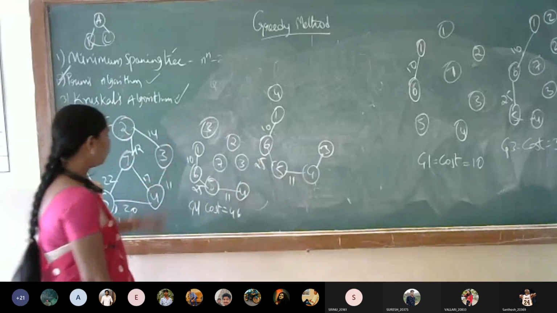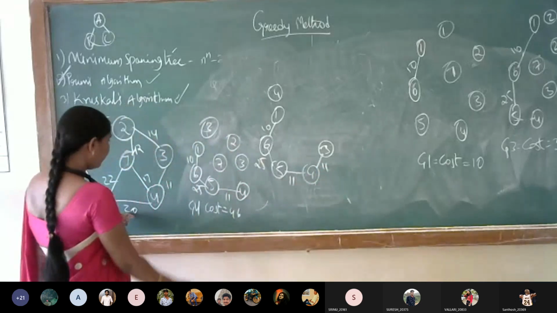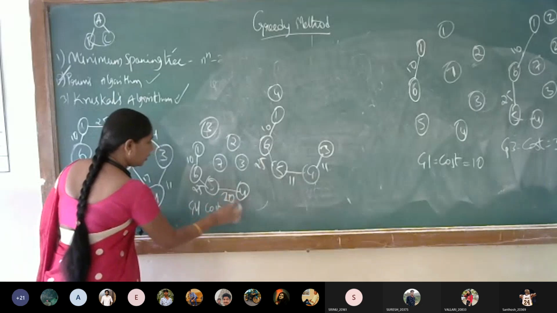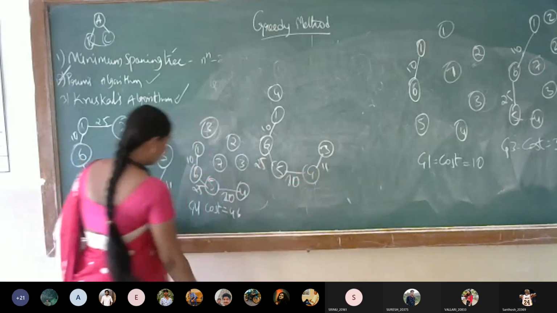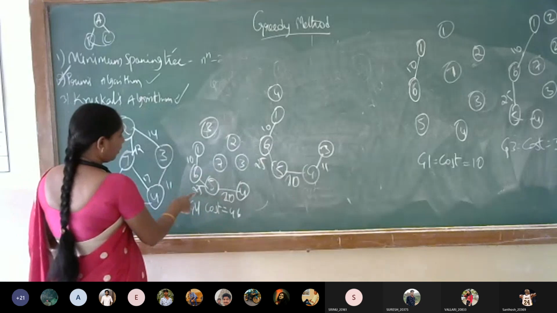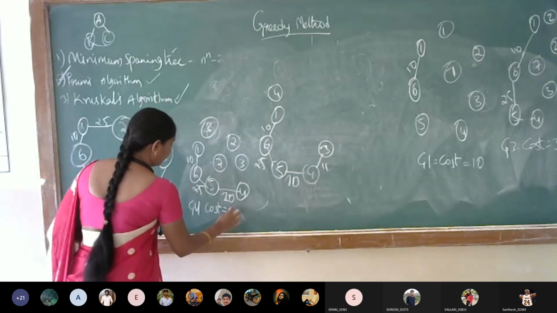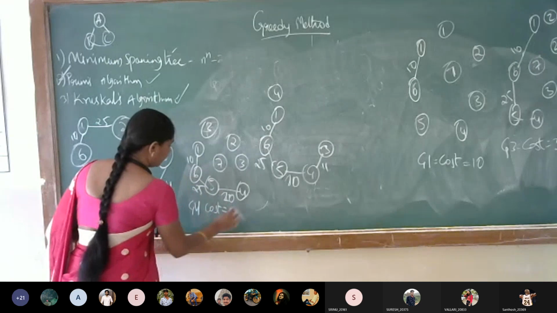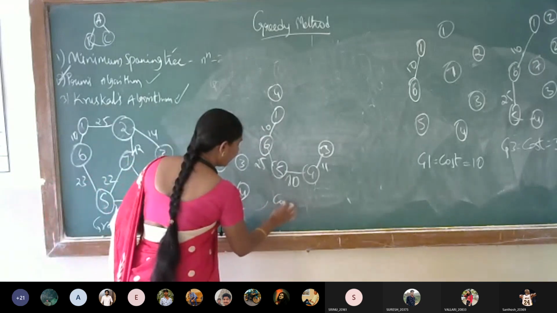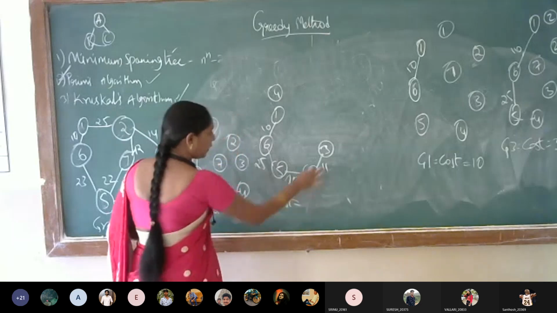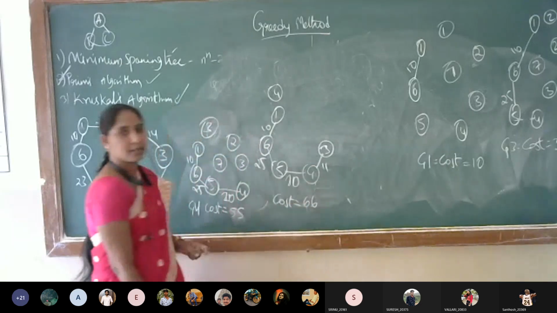And for 3 to 4, sorry, here we are having the cost 20, and here 11. So 45, 55. We will be getting the cost here as 55. Then the cost here will be 55 plus 11, so we will be getting 66.